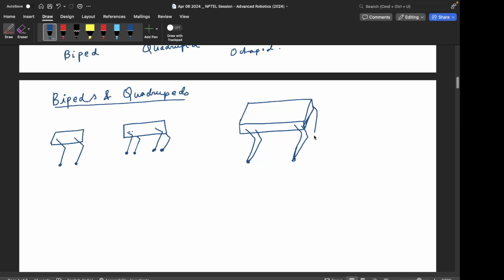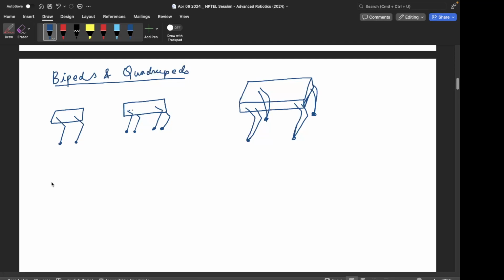Okay, so these are the contact points, and this is the area.